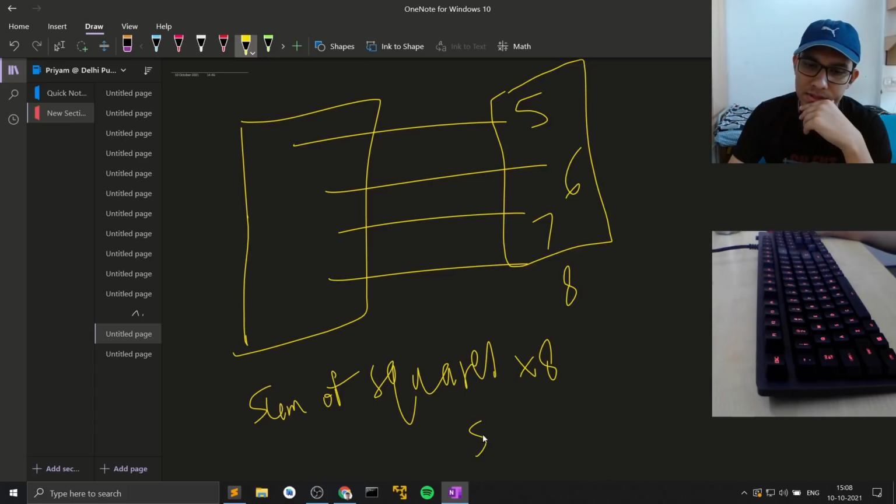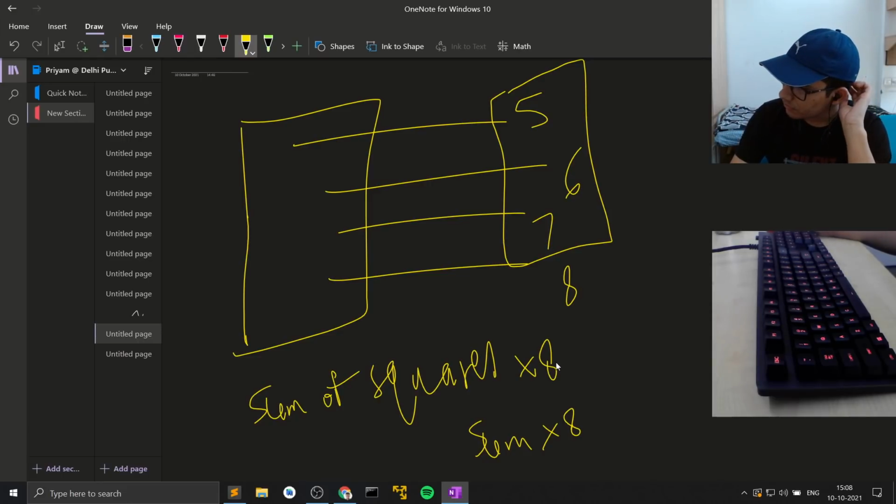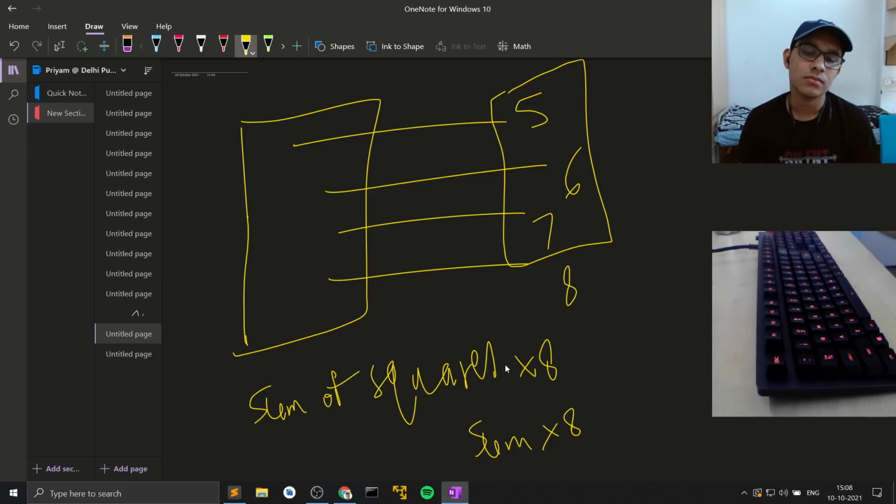But we also need the sum to multiply with this 8 to actually add it in the sum of squares. So that is one thing, but this is something that we're doing only from the topic side. We also need to do it from the difficulty side. Sum of squares, yeah, I think this can be maintained. There is no issue in this part. This can be done.